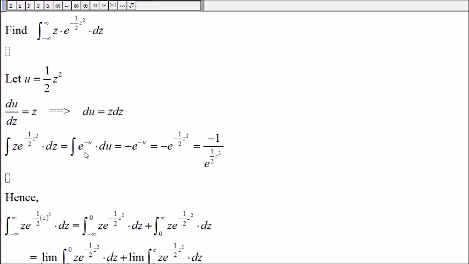The antiderivative of e to the negative u will be negative e to the negative u. u is 1/2 z squared, so this is negative e to the negative 1/2 z squared. We can rewrite this as negative 1 over e to the 1/2 z squared. This is a negative exponent, and when we move it to the bottom, it becomes positive.